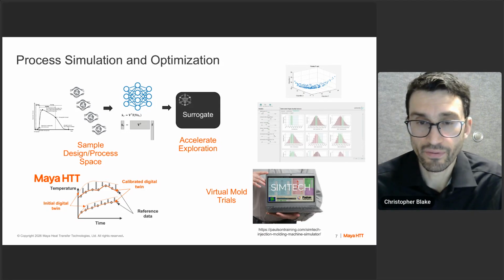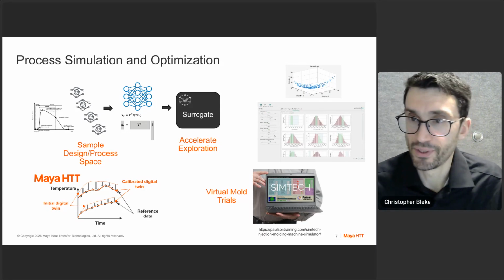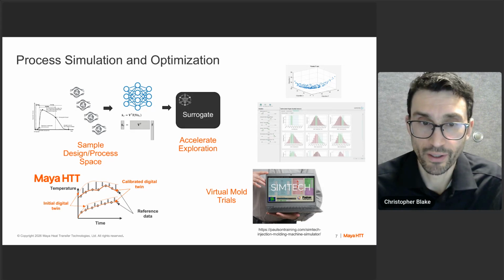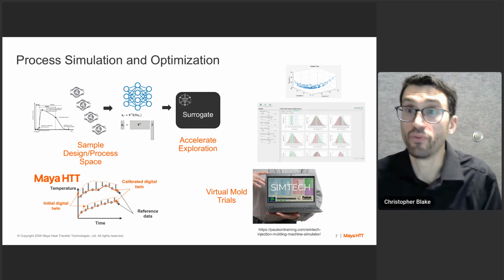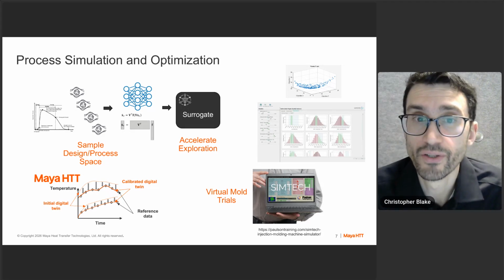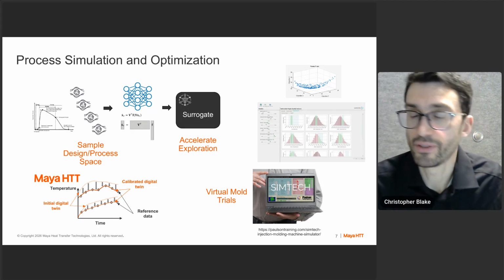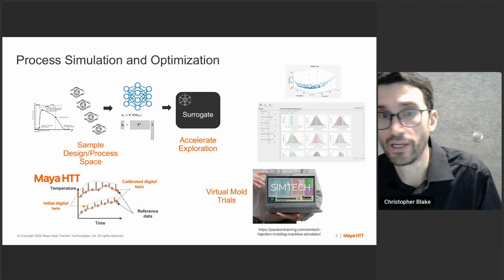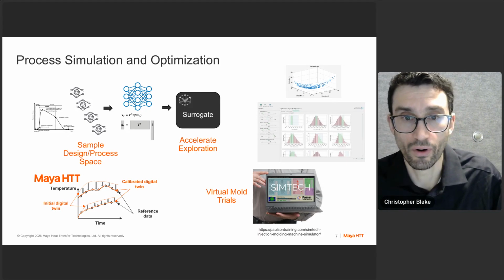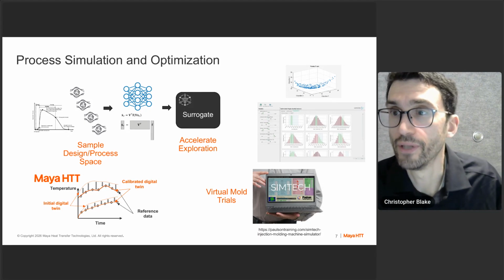Secondly, if you have even sparse samples of previous mold trial data or even detailed simulation results, these can be transformed into surrogate models. There are different machine learning techniques that can be used, things like subspace prediction techniques or recurrent neural networks.